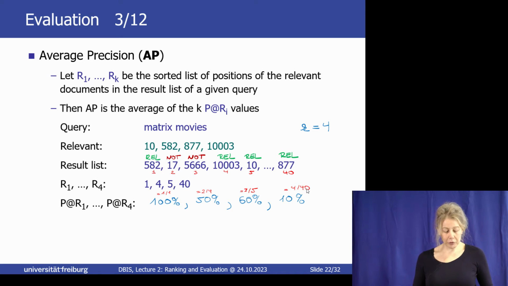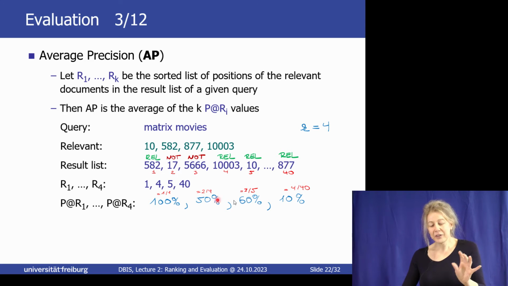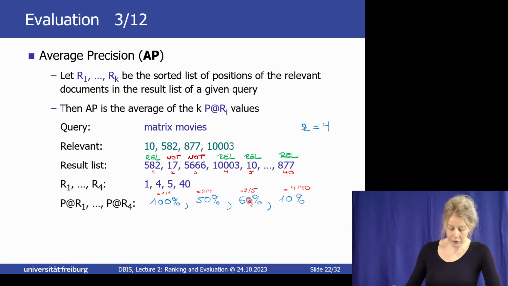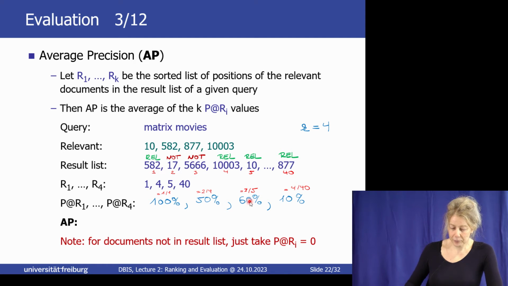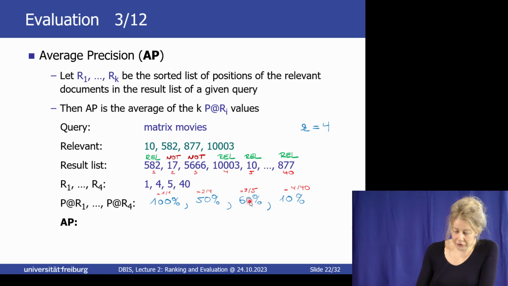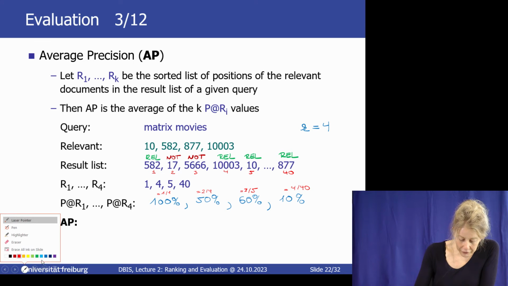And now the average precision, so you just look at where my relevant documents are, and you compute the precision. Okay, here's my second relevant document, and until here I have a precision of 50%. And this tends to go down, but it doesn't have to go down. And then the average precision is just the average of these 4 values.